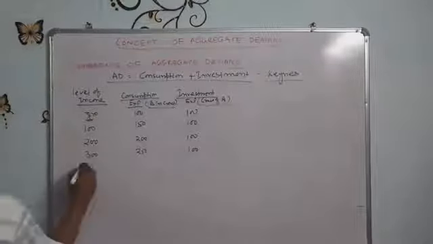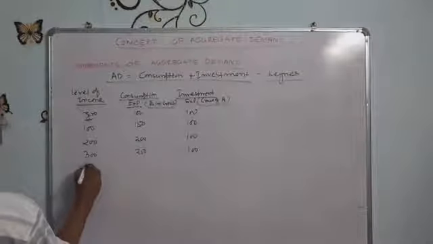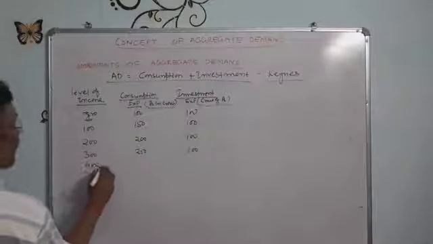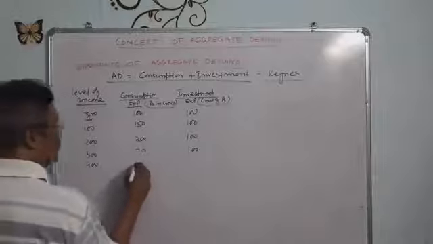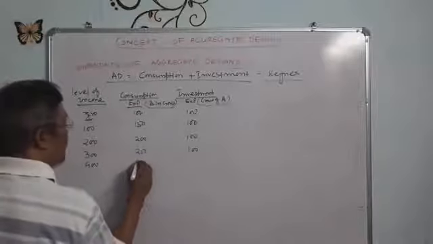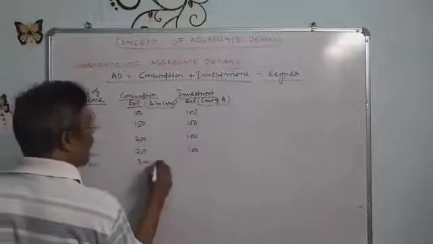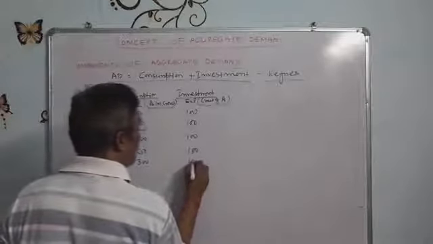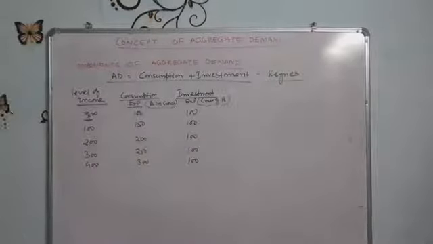Similarly, if the level of income increases from 300 to 400, consumption expenditure may be 300 crores of rupees and investment expenditure will remain the same, 100 crores of rupees.